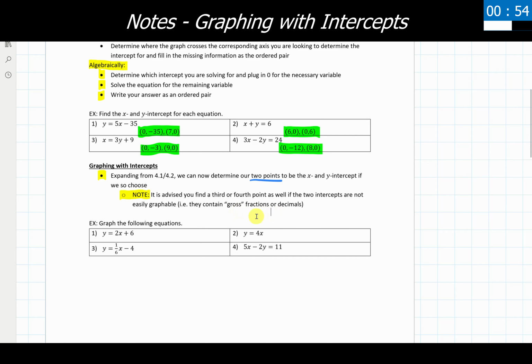Maybe we get a number of 1.39264 for our x value for our x-intercept. That could be a bit tricky to actually graph just at face value. We could probably do a pretty good job of estimating that, but you are welcome and you are advised to determine and find another point that maybe isn't an x or a y intercept to graph that thing if you need to.